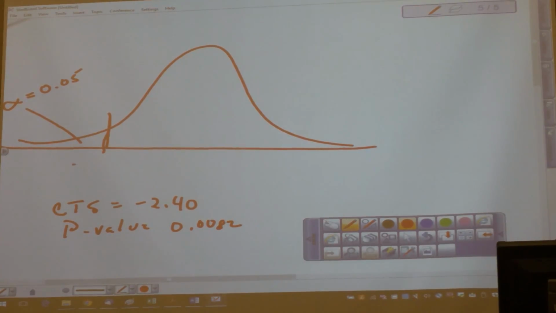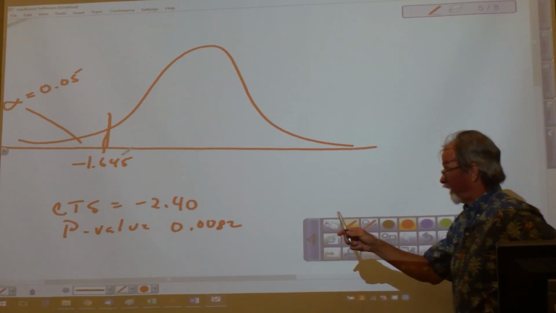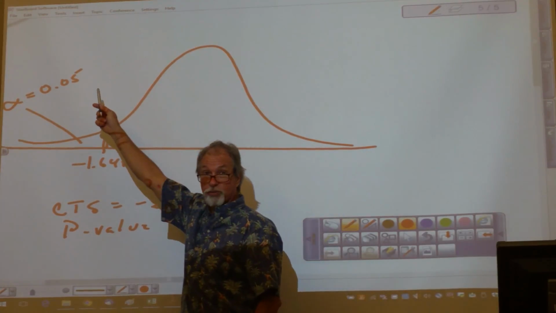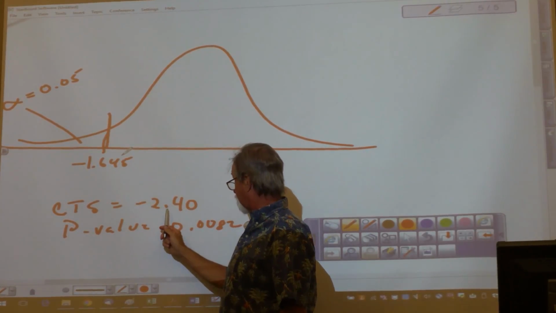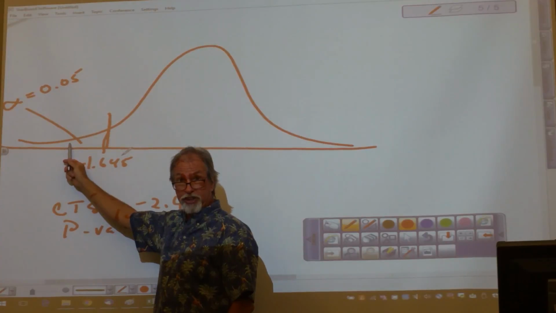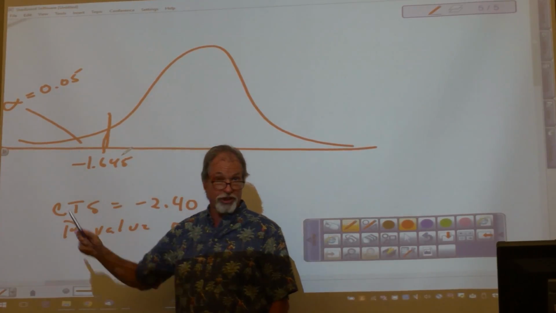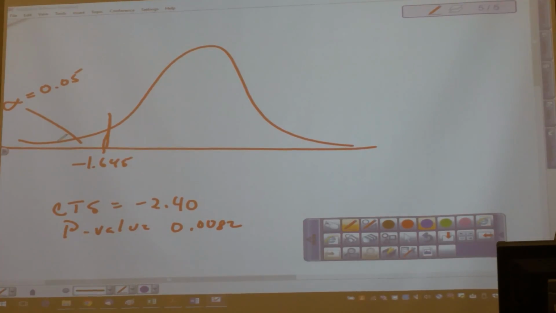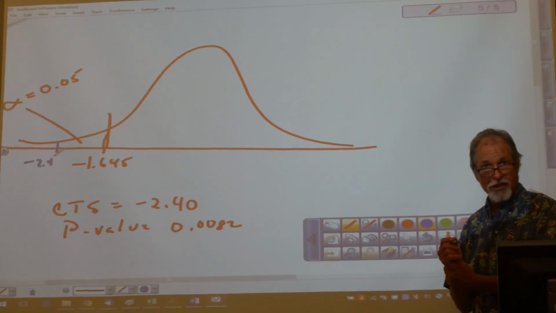So this is negative 1.645. Now, I can look at this. I know my p-value is much smaller than this. Negative 2.4 is way out here, also in the tail. So no matter what, my value out here is negative 2.4, which is in the tail.